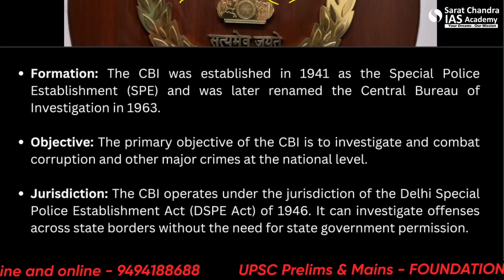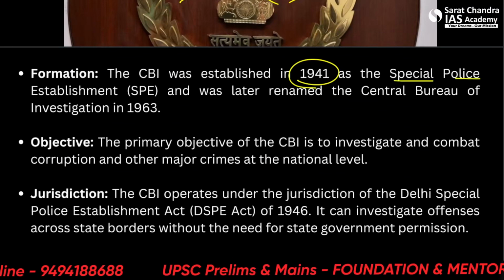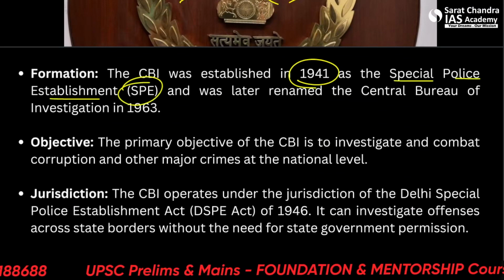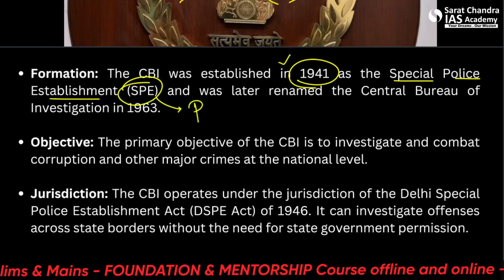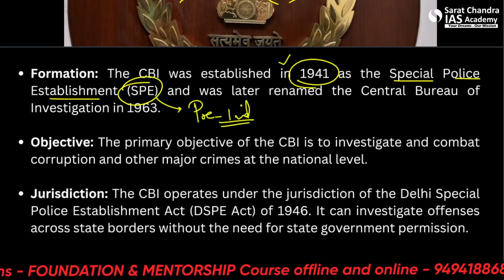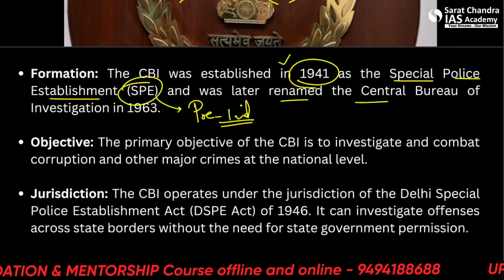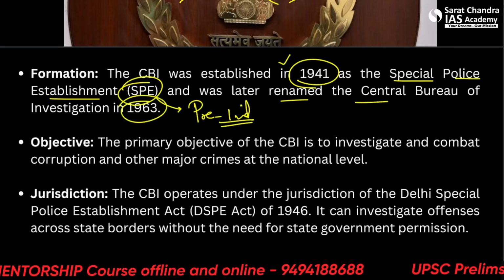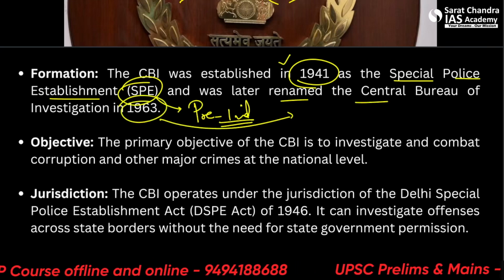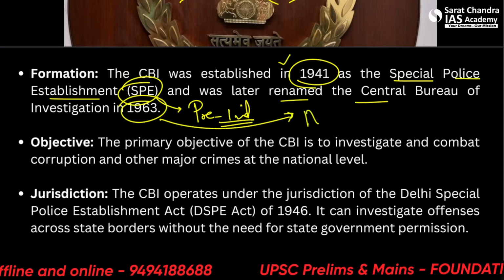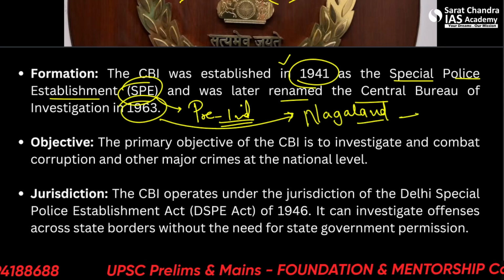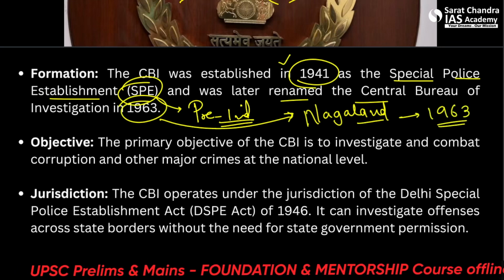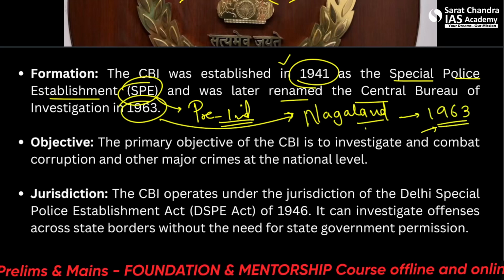CBI was established in 1941 as the Special Police Establishment, that is SPE. 1941 means pre-independence, and it was later renamed the Central Bureau of Investigation in 1963. 1963, you can also remember from the last lecture where we were reading about Nagaland; Nagaland was formed in 1963, separating from the Assam state.